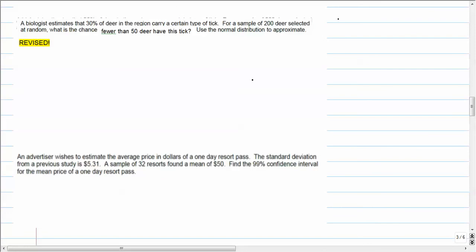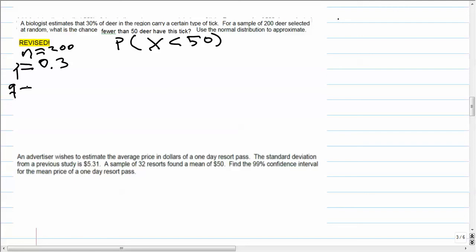A biologist estimates that 30% of the deer in a region contains a particular type of tick. We're taking a sample of 200 deer, and we want the probability that fewer than 50 deer have this tick. Okay, again, this is binomial. P here is going to be 0.3.